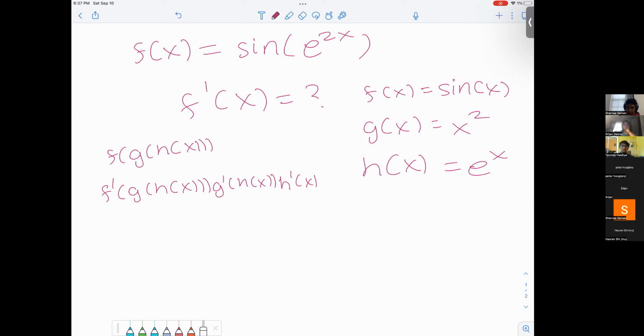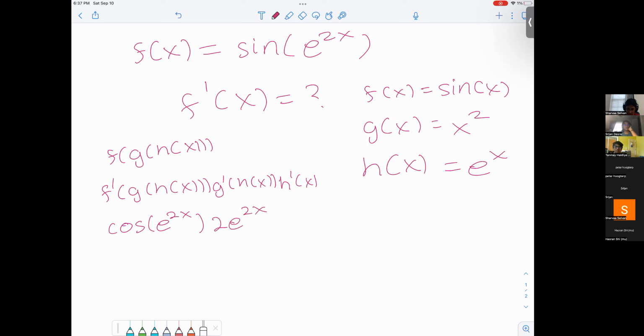F prime of x we know is cosine of x, right? The derivative of sine is cosine. So then you get cosine of x squared, but with e to the x plugged in, so it becomes e to the 2x, times g prime of h of x. The derivative of x squared is 2x, but you're plugging in e to the x, so you get 2e to the x.